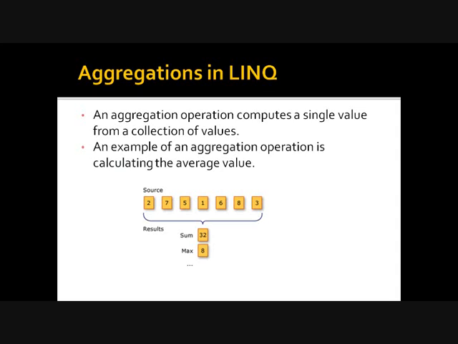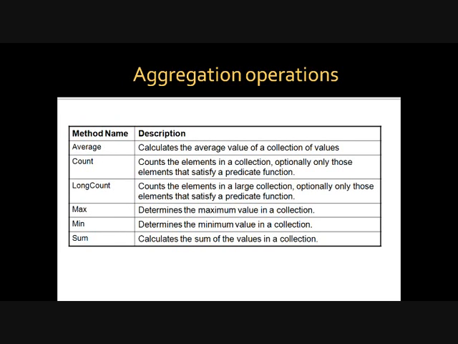An aggregation operation computes a single value from a collection of values. Examples of aggregation operations are calculating the average value, sum or max. Here you can see some of the aggregation functions we can use with LINQ. As an example, the method named Average calculates the average value of a collection of values.